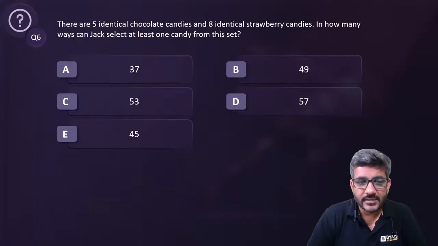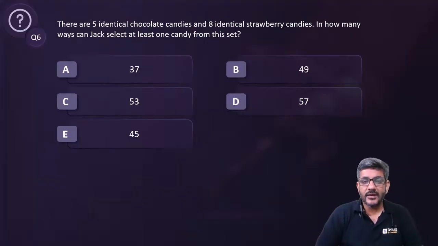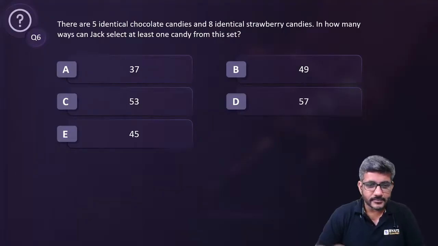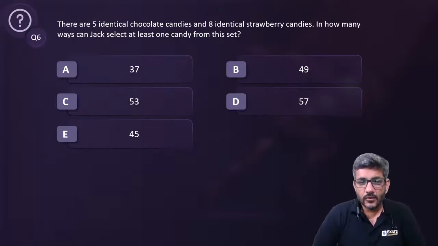There are 5 identical chocolate candies, 8 identical strawberry candies. In how many ways can Jack select at least one candy from this set? Vijay Arora has answered again. He says C, 53. That's great.